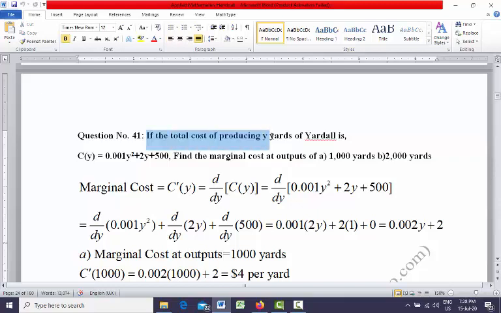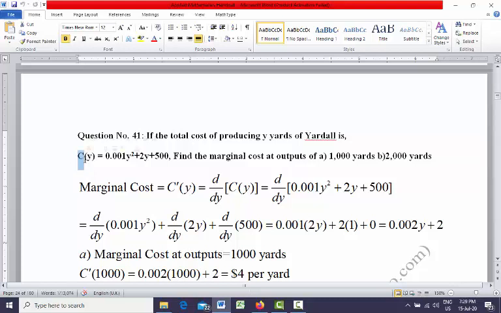if the total cost of producing y yards of a particular product is this one. As I said before, the function can have different names.